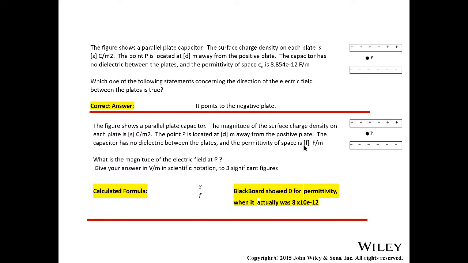So you see it as 0 and you say, what do I do? From now on, when I need any number that is so small, I will make sure that when I enter it, it is in the 10 to the minus 12, and then it is numerically 8 or 8.5 or 8.4, so that there is no confusion.